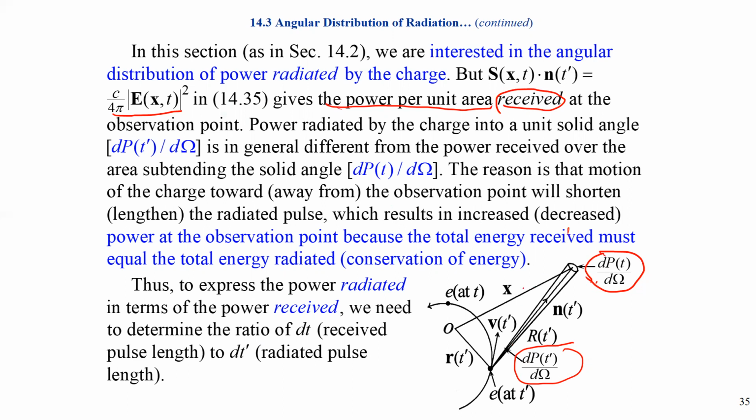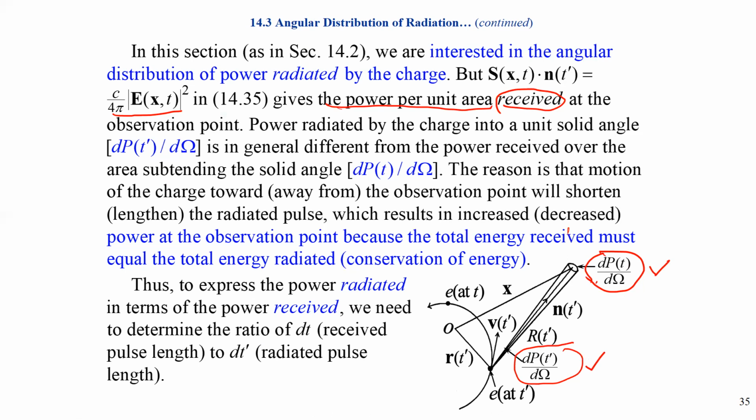Power radiated by the charge into a solid angle here is in general different from the power received over an area subtending a solid angle. You may imagine the power radiated by the charge will be different from the power received by the observer.